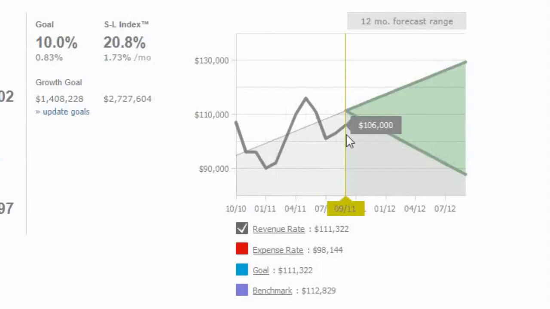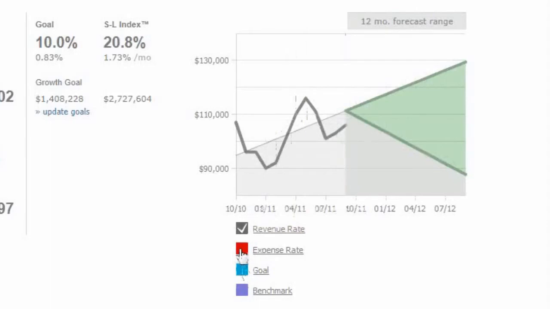Then that secondary line may be below the rate line. It may be above. So this is just a way to visualize and see where you're going, and then think about most recent history, and is there a trend there that you need to recognize early so that you can make some adjustments.